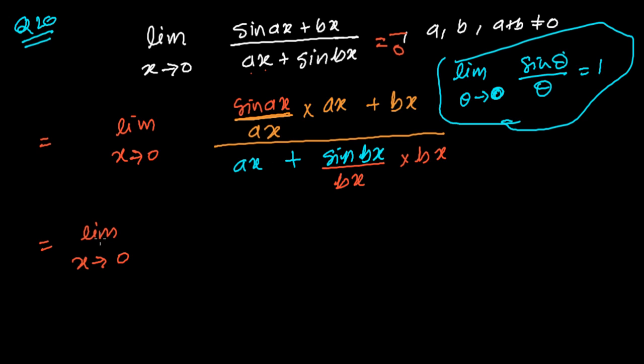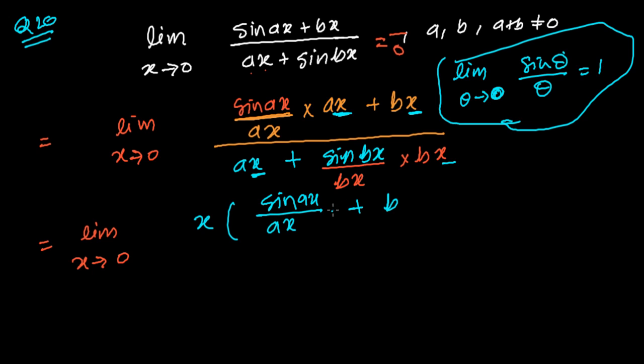Okay, so x tends to 0 now. Now see the beautiful thing here. We are getting x common here, and here also x, so x and x will get cancelled when you take the common factor from both numerator and denominator. So I'm going to take x common. Then it will be sin ax divided by ax, times a, plus b.